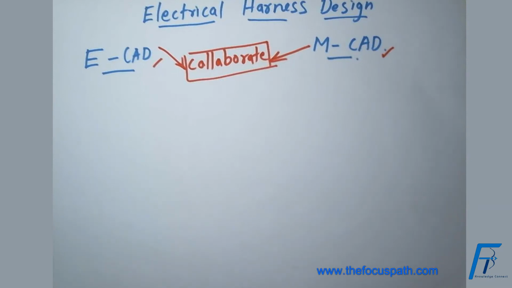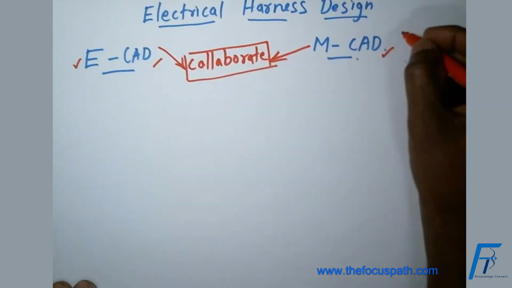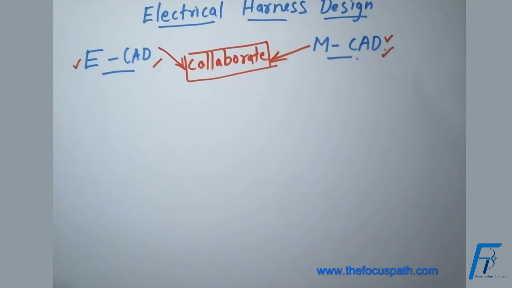So there should always be associativity between ECAD and MCAD. This is the concept we are going to work on today. Harness being the nervous system of any of these smart connected products, it's very important that both get seamless integration. That means we need to understand how ECAD and MCAD work functionally.